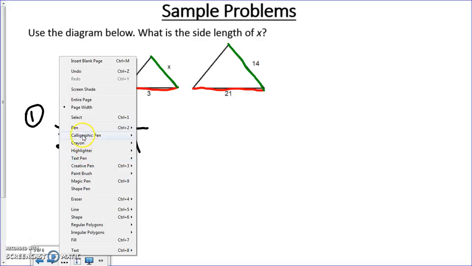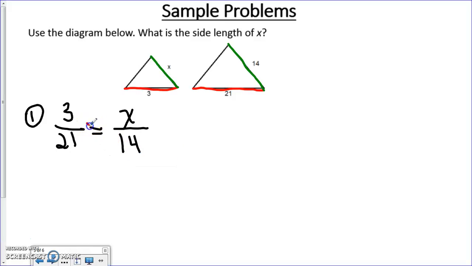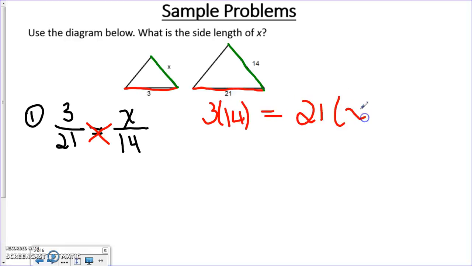Then we're going to use cross products. We have 3 times 14 equals 21 times x. 3 times 14 is 42. 21 times x is 21x.